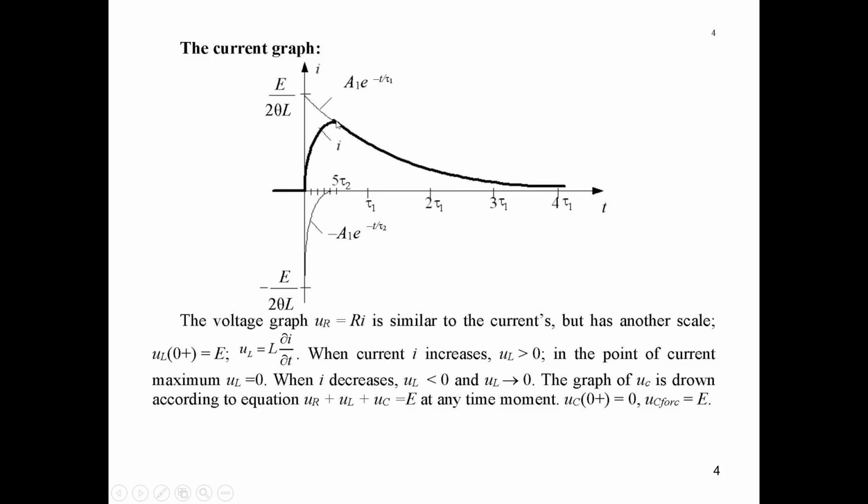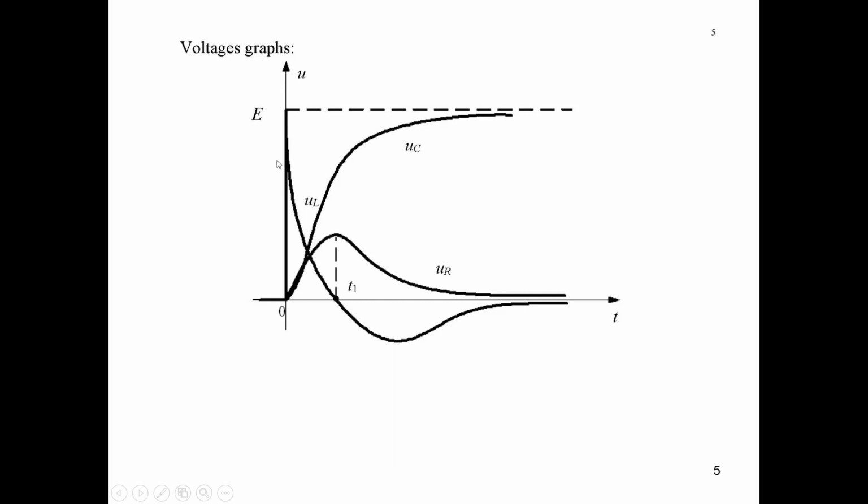And when current begins decreasing, its derivative should be negative, and UL will tend to 0 because IL will tend to 0, you see. So it is the graph of UL.